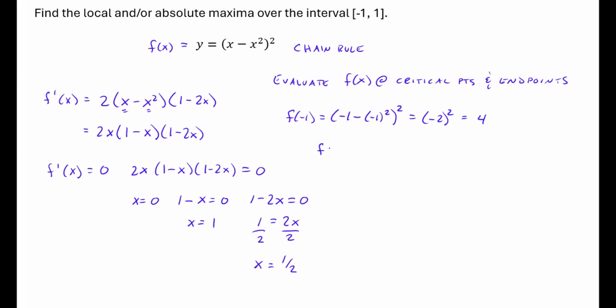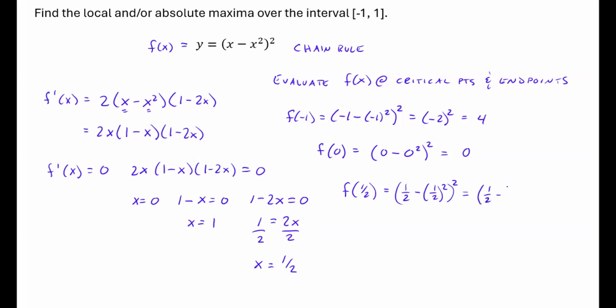Go ahead and take a look at our next x value, which is going to be f of 0. We're going to get 0 minus 0 squared, that whole quantity squared. This will come out to be 0. Let's go ahead and do the 1/2 next. So we'll calculate f of 1/2. This will be 1/2 minus (1/2) squared, and then this whole quantity will be squared. (1/2) squared is 1/4.